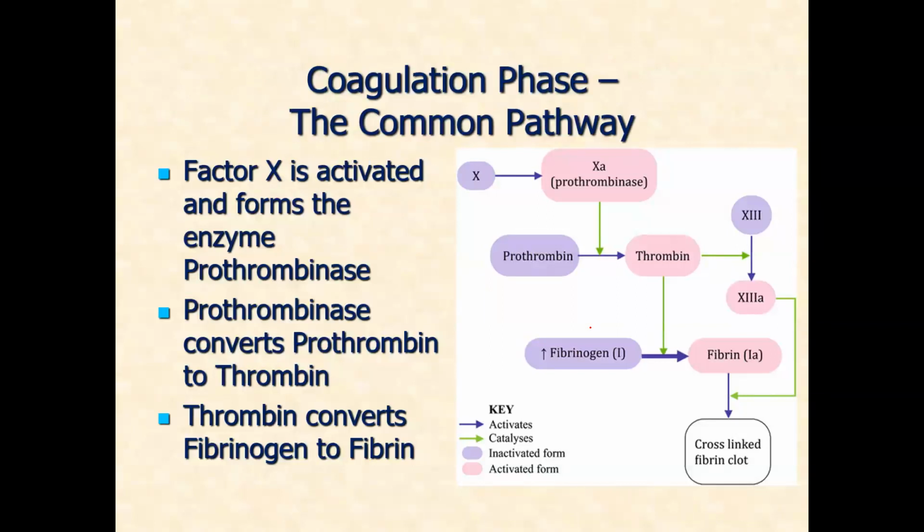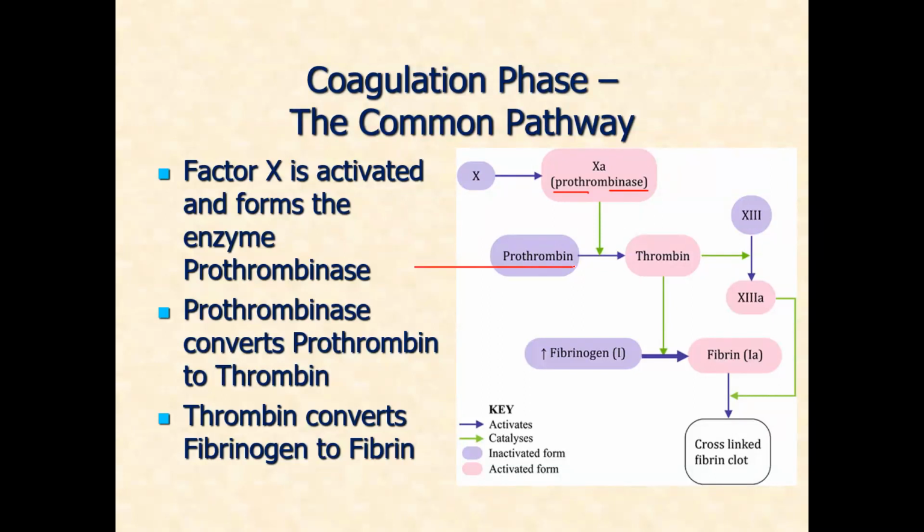Now, once factor 10 turns on, here's where things start to get more interesting. Activated factor 10 forms prothrombinase, which is an enzyme. You know it's an enzyme, of course, because you have the ASE at the end. So the enzyme prothrombinase is going to work on prothrombin.